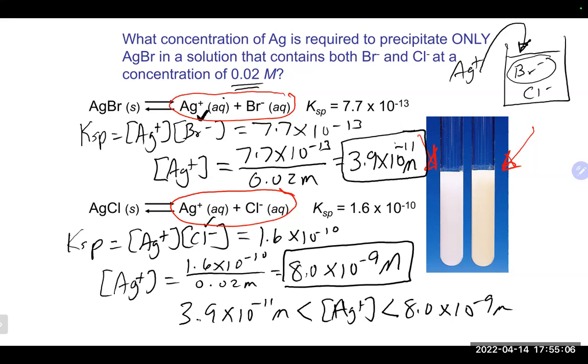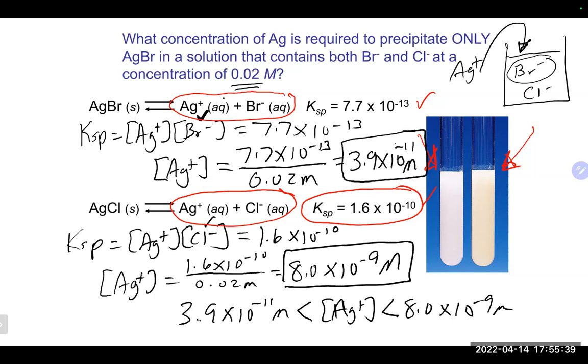Because both of these do produce the same number of ions, we could look at the KSP value, and what we see is that silver chloride has a higher KSP value, which means it has a higher equilibrium value, and that means we should expect more products, which are aqueous ions. So we should expect it to be more soluble than the silver bromide, which has a smaller KSP and would have a smaller solubility, or be more insoluble faster than the silver chloride.